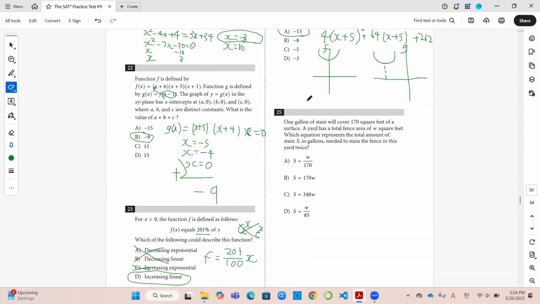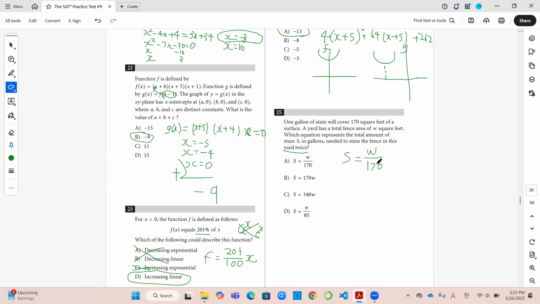Okay, question number 25. 1 gallon of stain will cover 170 square feet of a surface. A yard has a total fence area of W square feet. Which equation represents the total amount of stain S in gallons needed to stain the fence in this yard twice? I'm pretty sure your intuition would be to set S equal to W over 170, right?